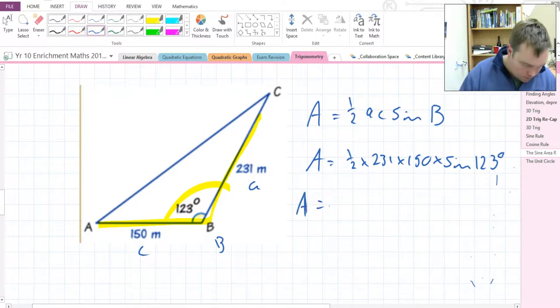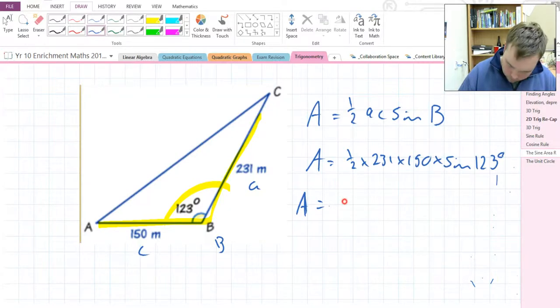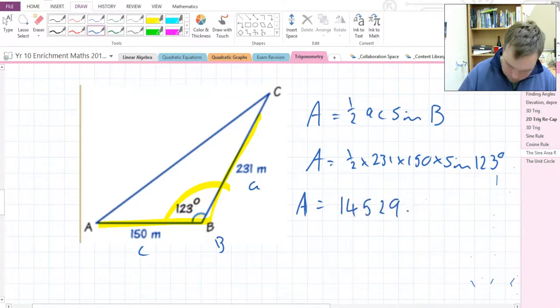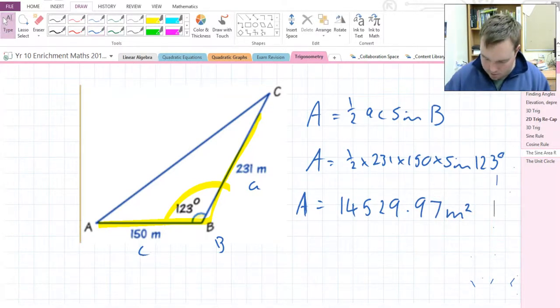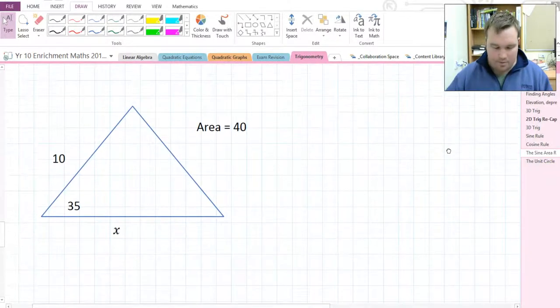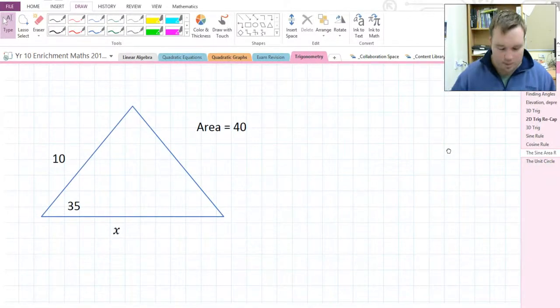Area equals... Please remember the units. You'll lose marks without units, unless the question has no units, like this one.